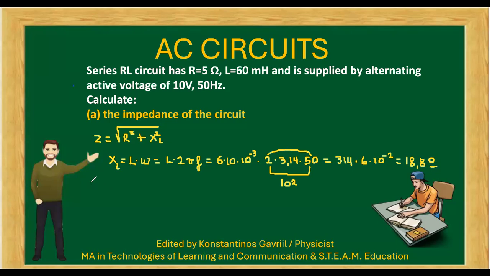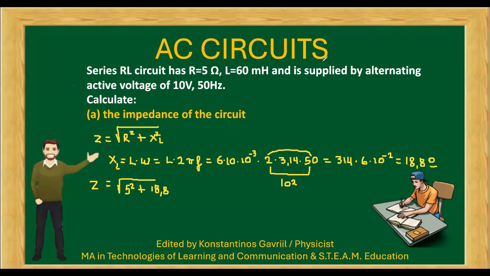we substitute this value into Z and we have 5 squared plus, or we can use 19 here.